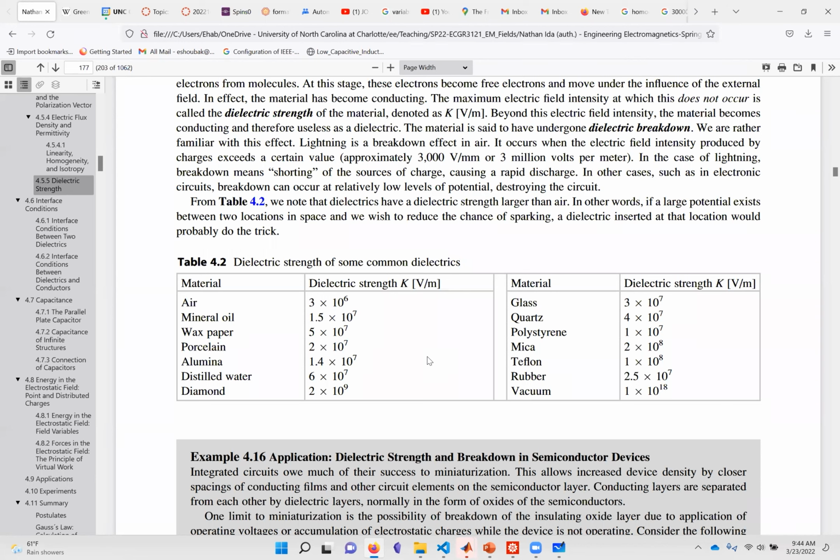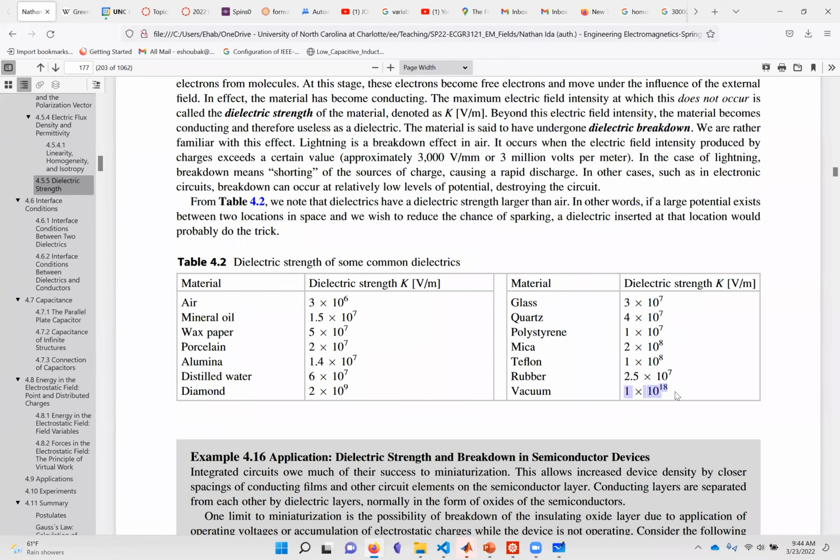Of course, some other materials are going to have a stronger dielectric strength. For example, mineral oil. What's interesting here is the vacuum itself. You would think that you cannot break the vacuum. Just using the dielectric model for classical EM, you would think that the vacuum dielectric strength should be infinity. It's just vacuum. How can you break the vacuum? Well, it turns out that practically you can, but this is not due to the classical theory.